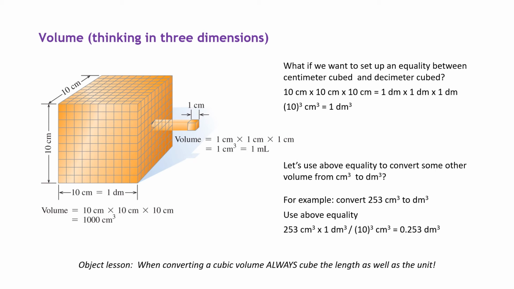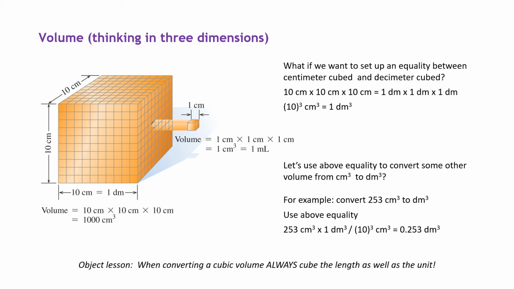It's worth noting that if we were to pull out a tiny centimeter cube from this box, that volume, following the same logic, would be 1 centimeter cubed, or 1 centimeter times 1 centimeter times 1 centimeter. Just so happens, and this is something you just need to learn or memorize, 1 centimeter cubed equals 1 milliliter.